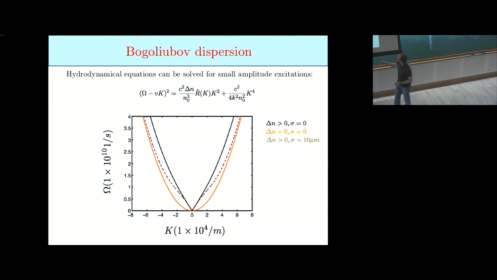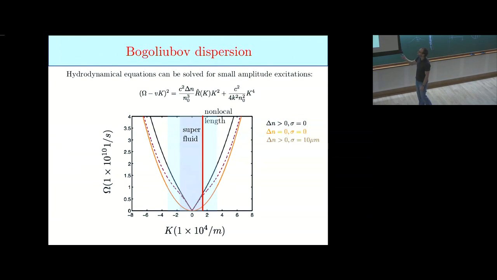And what you see is there's a region here where I'm still linear, I still have a superfluid behavior, but now it's become a lot smaller than what I had before. Before, my superfluid behavior extended all the way out to these k vectors. Now it's restricted to roughly k vectors that are of the order of 1 over sigma. So this non-local length is now limiting the region of superfluidity in my system.